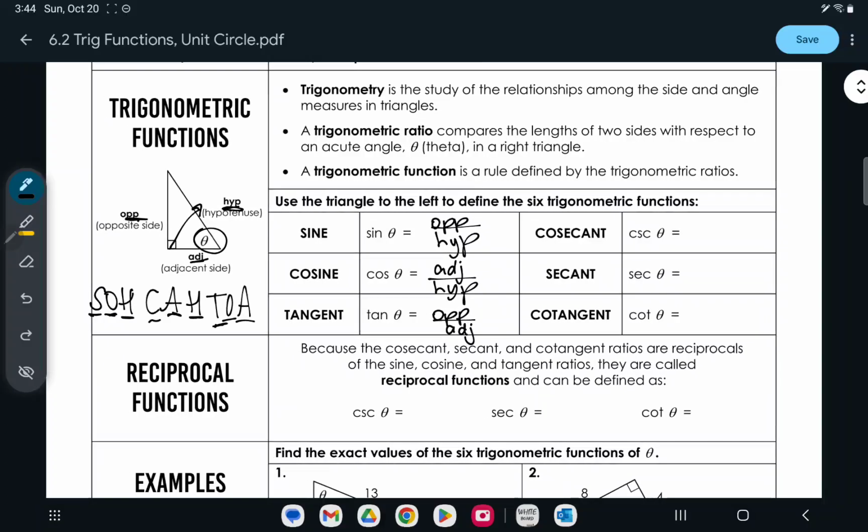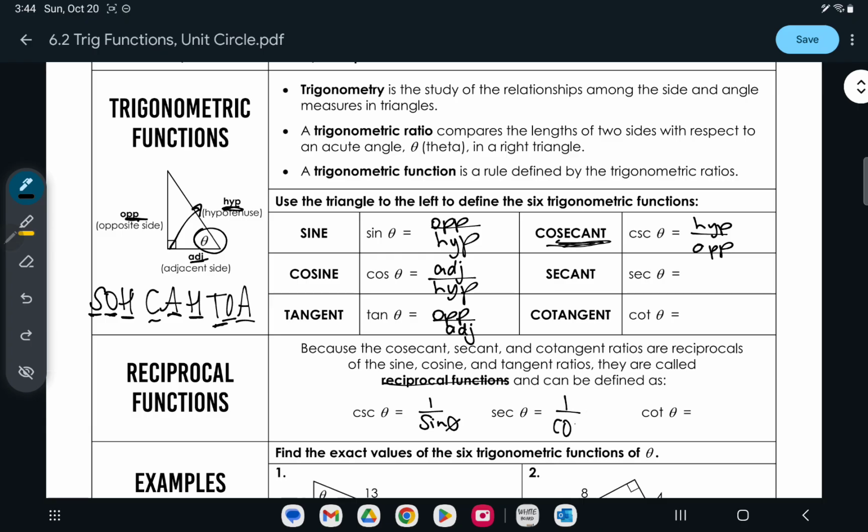I'm going to fill out this bottom part here, the reciprocal functions part first, and then go back and fill in the secant, cosecant, and cotangent. Cosecant is the reciprocal of sine. Reciprocal just means you flip the fraction, so hypotenuse over opposite.